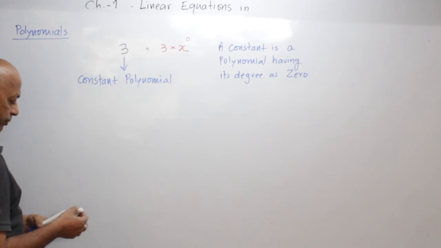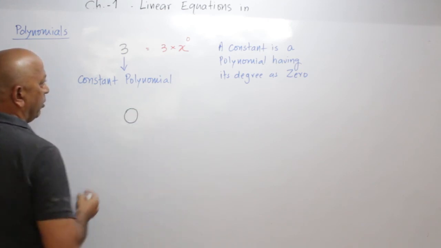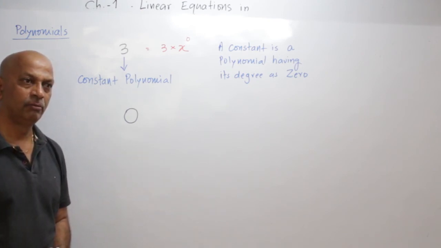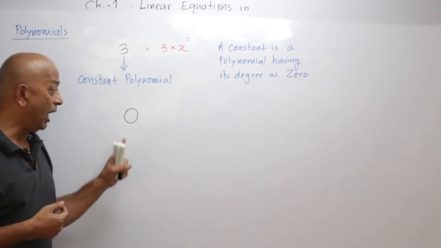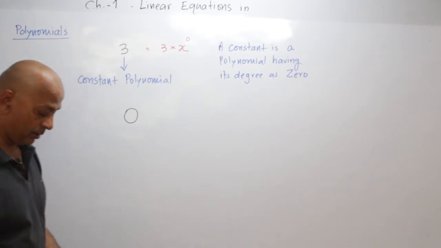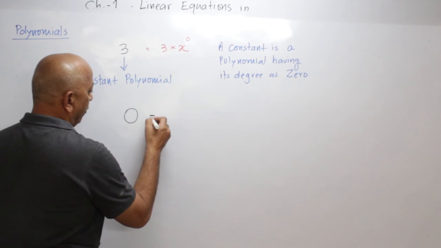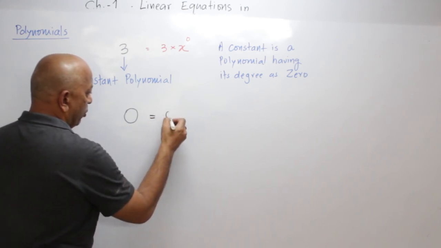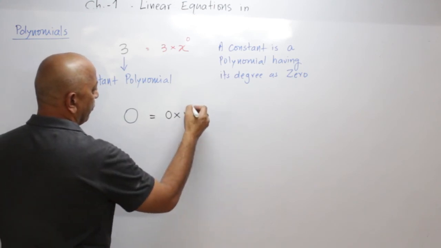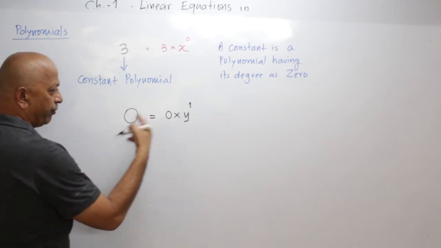दूसरी एक केस बघू आपण. Let us say I'll take 0. Whether 0 is a polynomial? How is it possible? How can the value of a term be 0? Let us check it up. 0 I can write this way: a constant 0 multiplied by a variable with power 1, the value becomes 0.